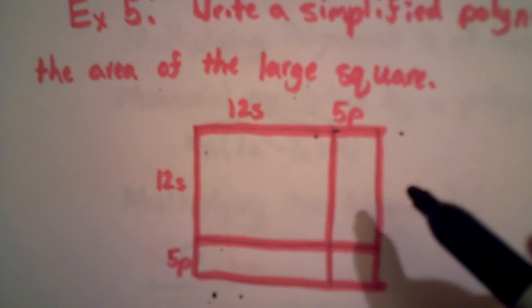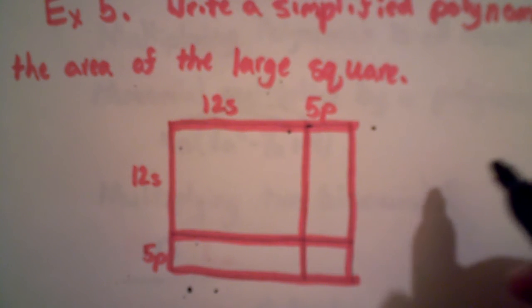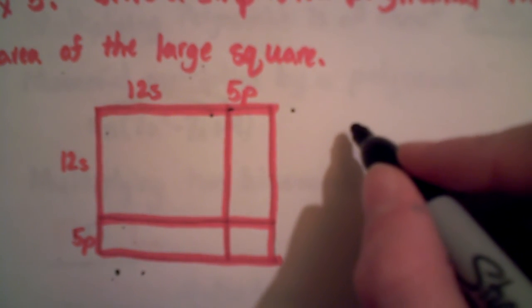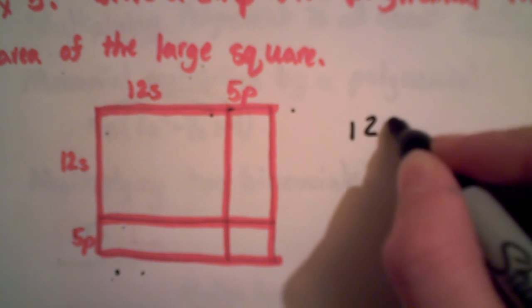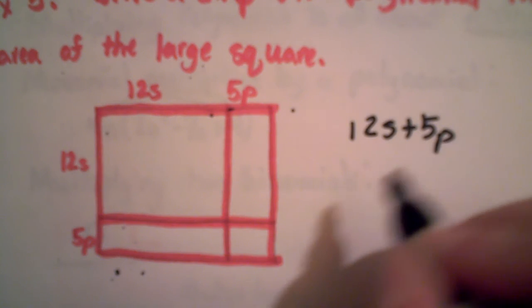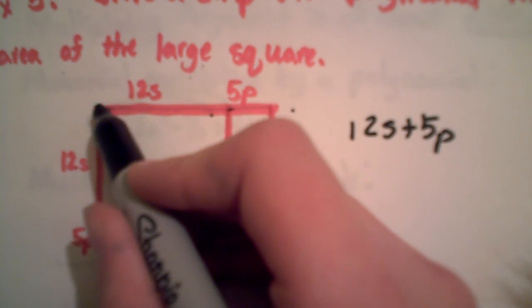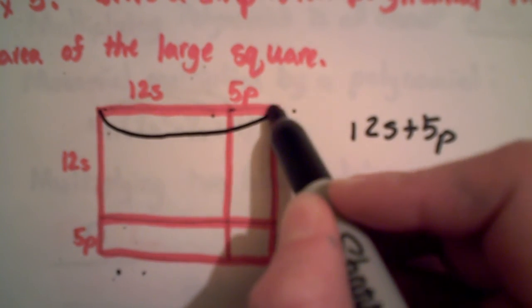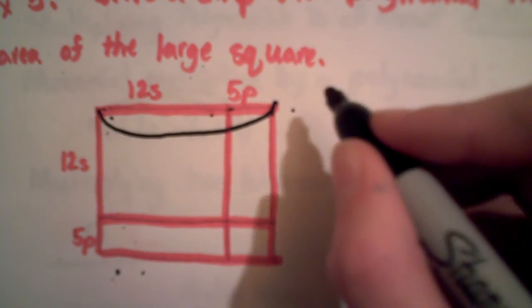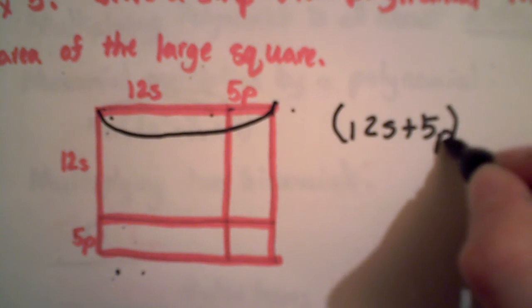But we want to write a polynomial for this. Well, this is really just a FOIL problem in disguise, right? This is just 12s plus 5p because the distance is combined. And this should be this whole distance from here to here, right? The length of one of these sides. And all we're doing is squaring it. Guess what? It's a square.